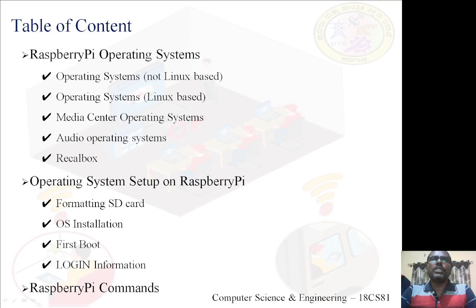For installation, there are some steps we need to follow, such as formatting the SD card. As I said in the previous session, the SD card is where an operating system will be loaded. After formatting the SD card, we'll see how to install.